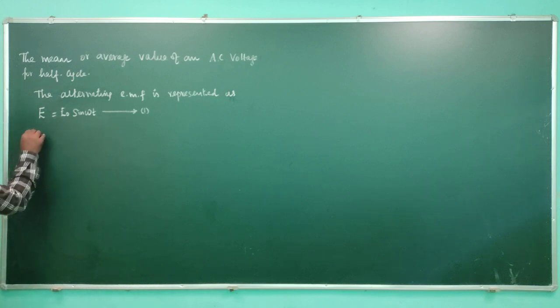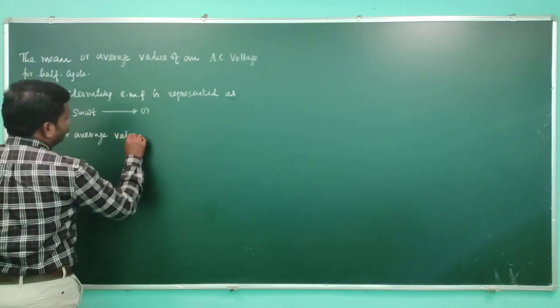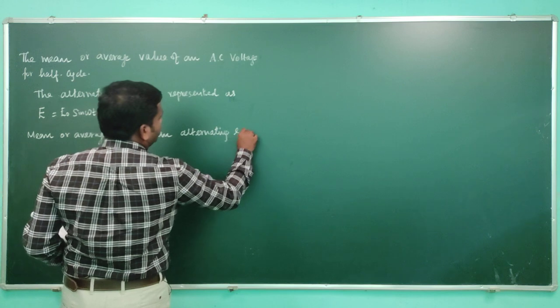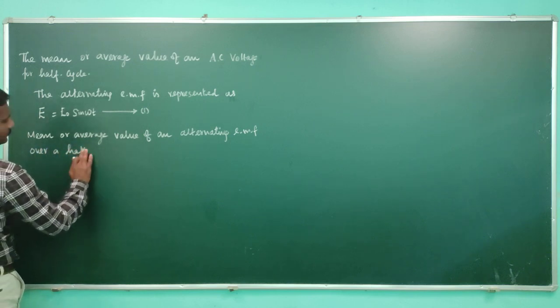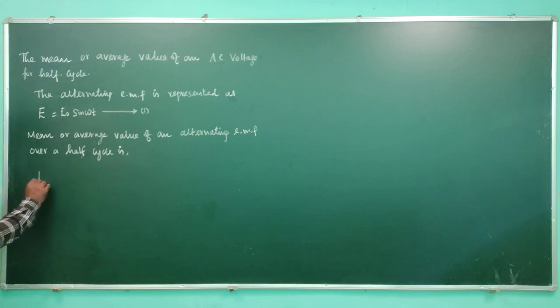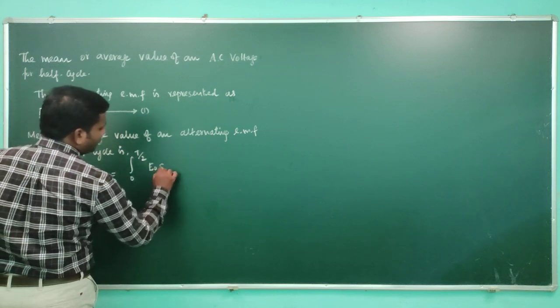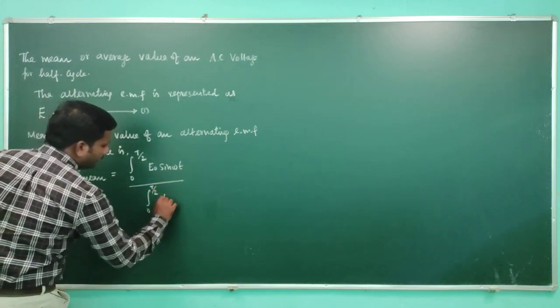So now the mean or average value of an alternating EMF over a half cycle, this we can denote E average, or we can write E mean, that is equal to integral of 0 to T by 2 E naught sin omega t divided by integral of T by 2 into dt.